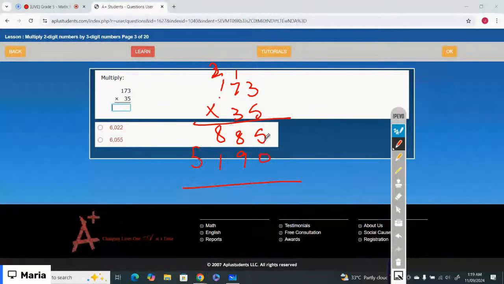So let's just now add. 5 plus 0 is 5. 6 plus 9 is 15. 5, 1 carry. 6 plus 1 is 7, 9 and 1 is 10, 0. And 5 plus 1 is 6.